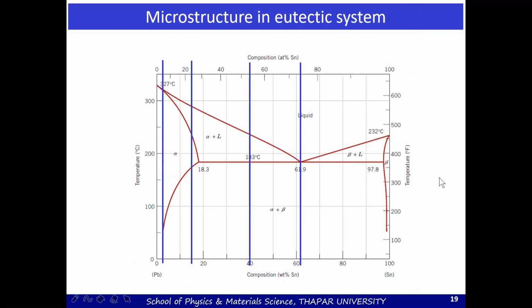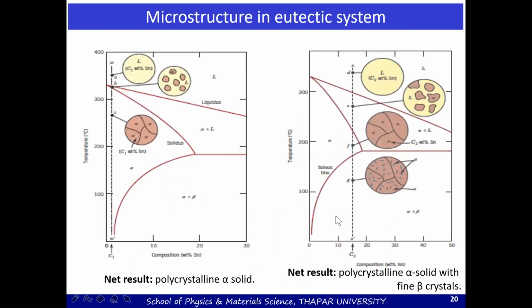Okay, so let us go back to the discussion. So at point F, what we had is only the solid alpha phase. At this point, we have only the solid alpha phase, and at point G, we end up into the alpha plus beta phase.